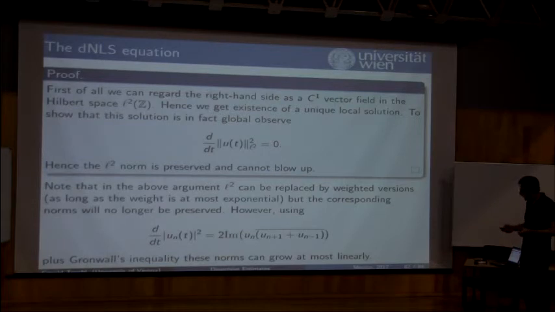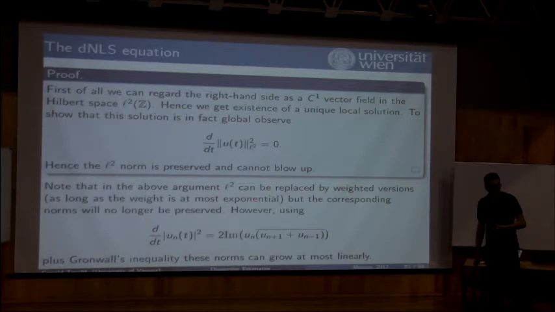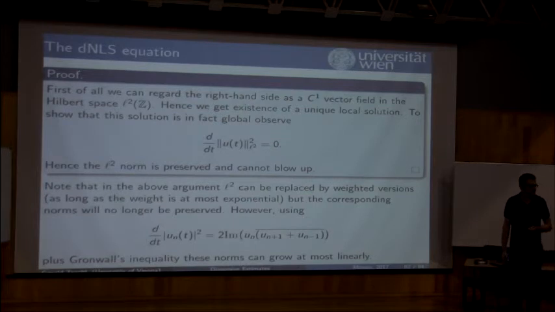Okay, all this can be done, and maybe that's also one interesting thing I'm mentioning here, that if you take weights, they can be at most exponential. Why can it be at most exponential?